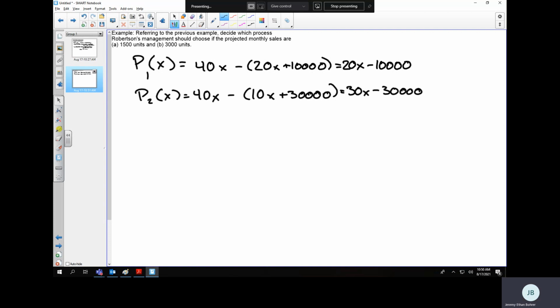Okay, so we'll check out both of these for 1,500 and for 3,000. For A, for 1,500 units, we take P1 of 1,500, which is 20 times 1,500 minus 10,000.